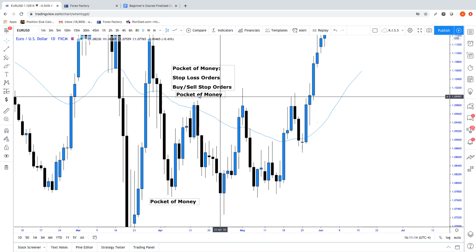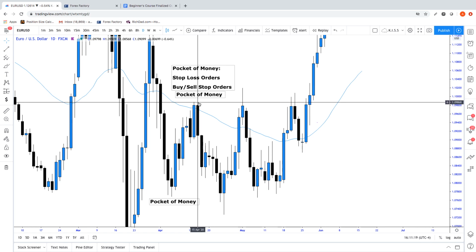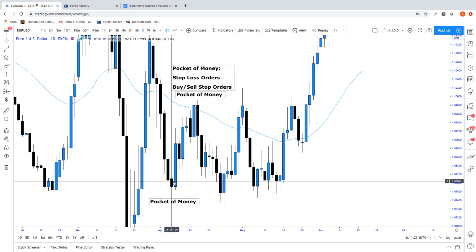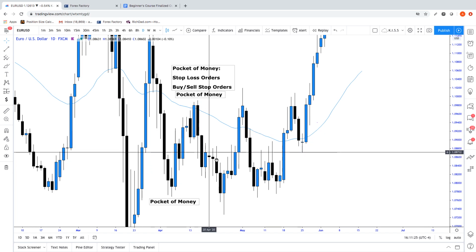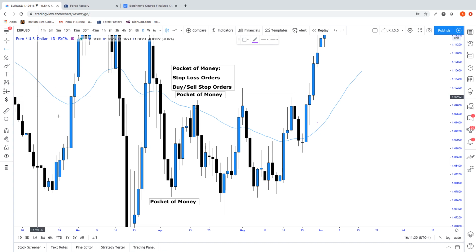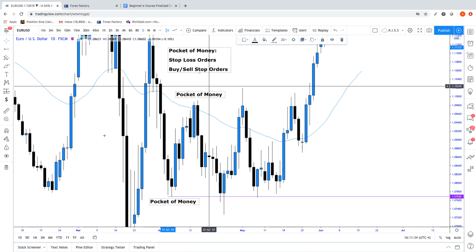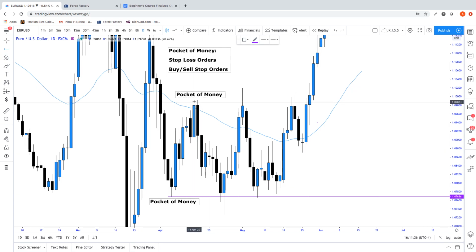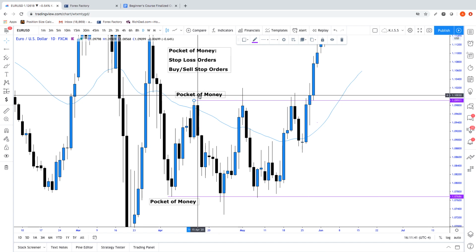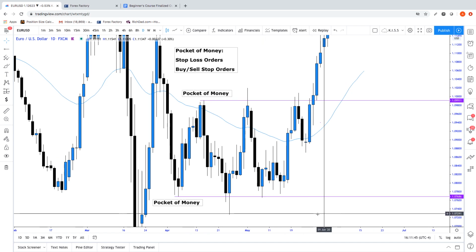If you think about the fact that we have an old high here and an old low here, and price trades down, and we denote the low and denote the high, we understand there is a pocket of money here and a pocket of money there.